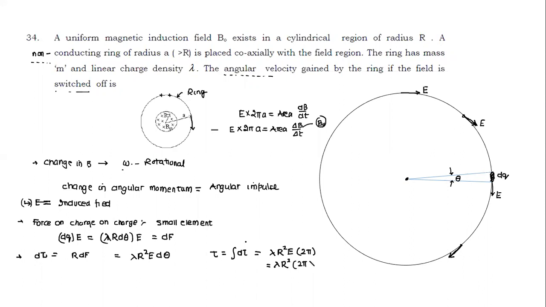Let me put the value of E here. E is equal to area pi r square, so r square by 2a, into dB by dt.